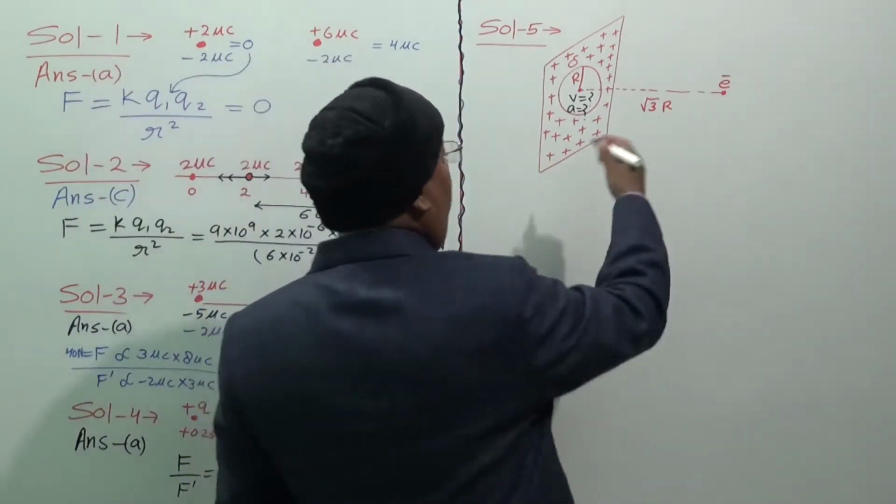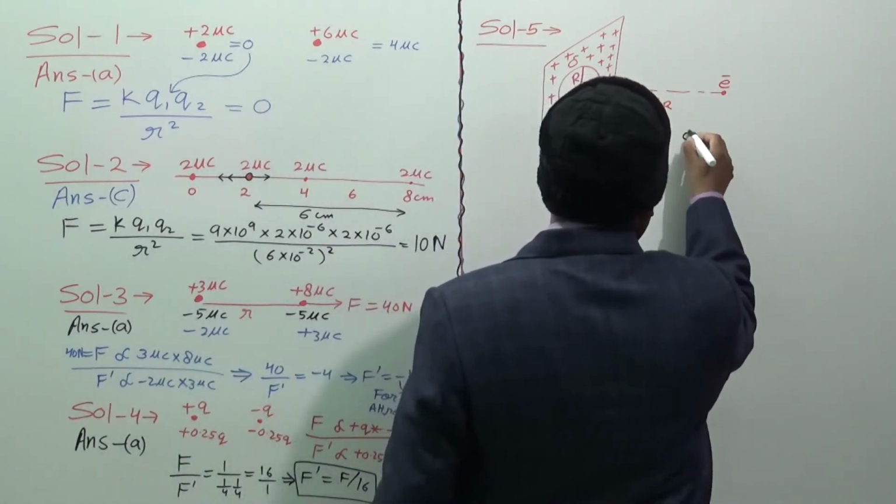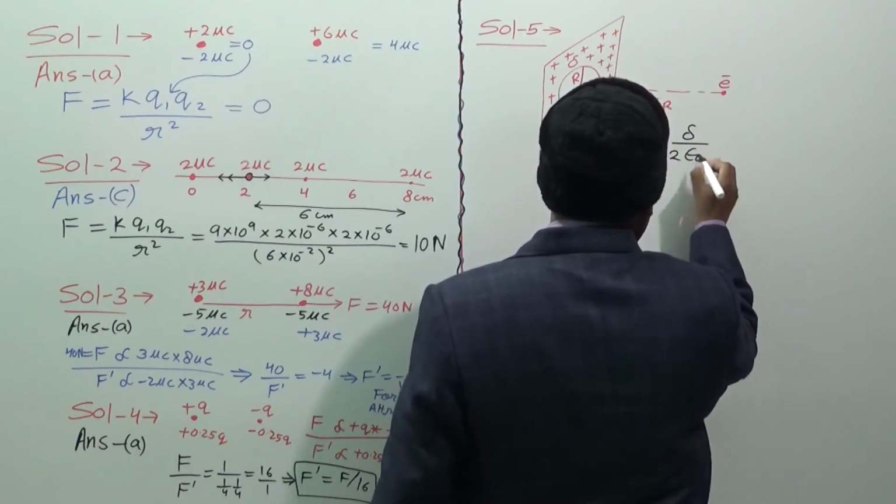So for a sheet, you know very well that E is equal to small sigma upon 2 epsilon naught.